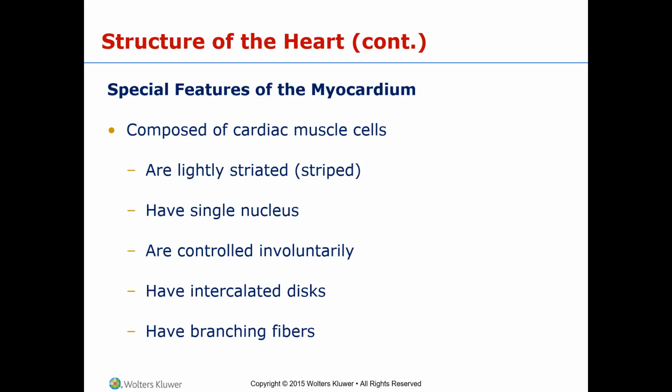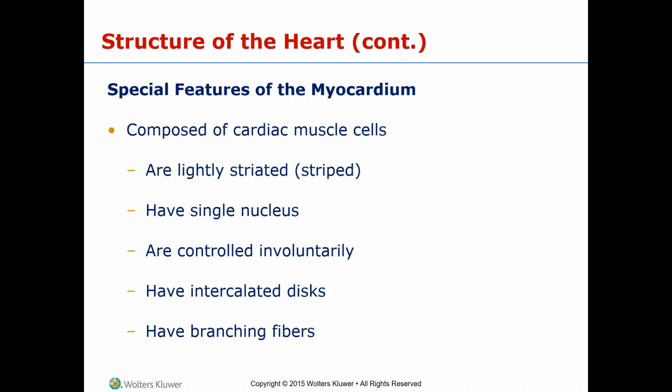The myocardium cells only have one nucleus as compared to the skeletal muscle cells, which have multiple nuclei. The muscle cells themselves are controlled involuntarily. We don't have to think about our heart pumping. It does it on its own.